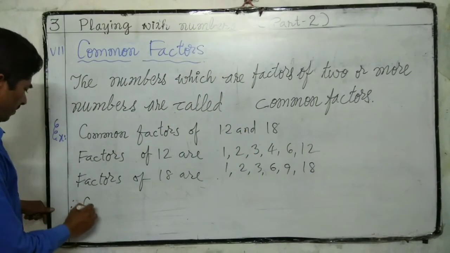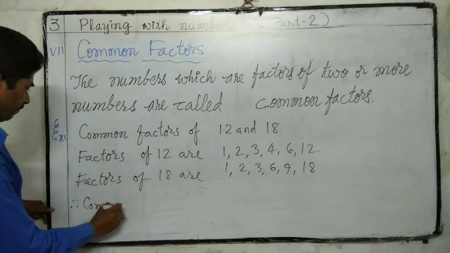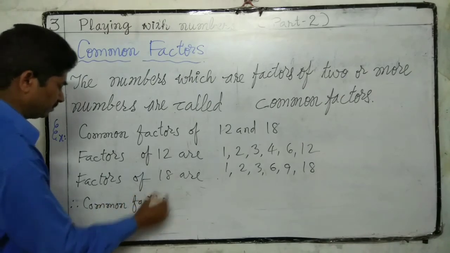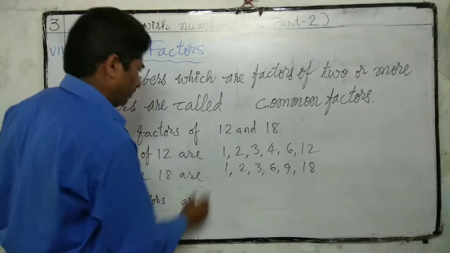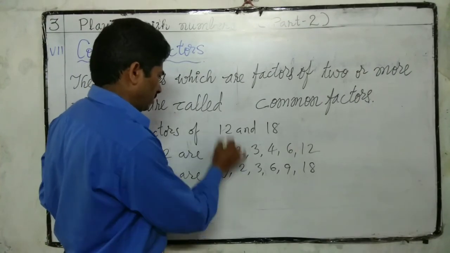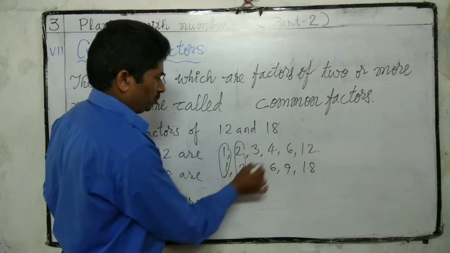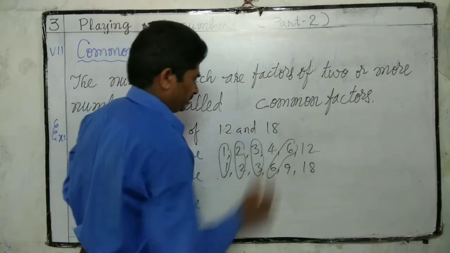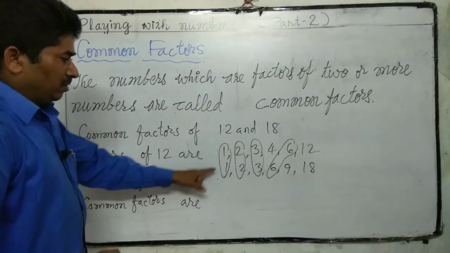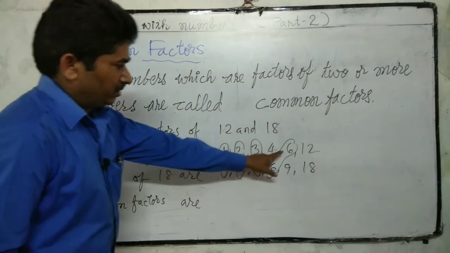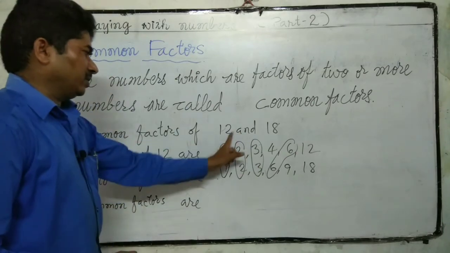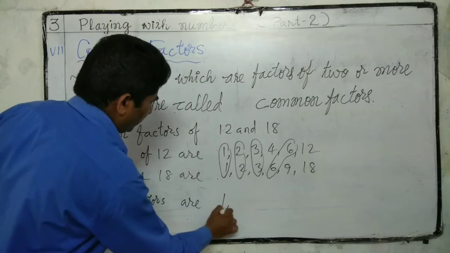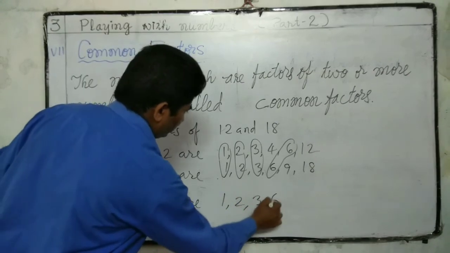So common factors are 1, 2, 3, 6. These 1, 2, 3, 6 are common for 12 and 18. So these are called common factors: 1, 2, 3, 6.